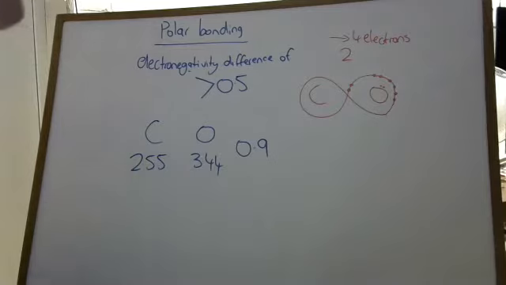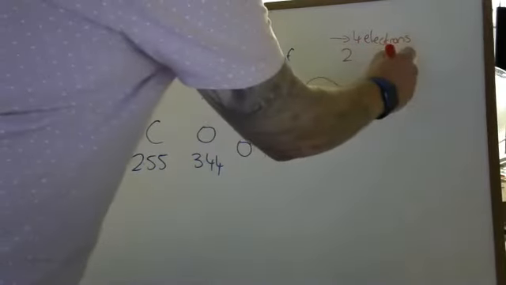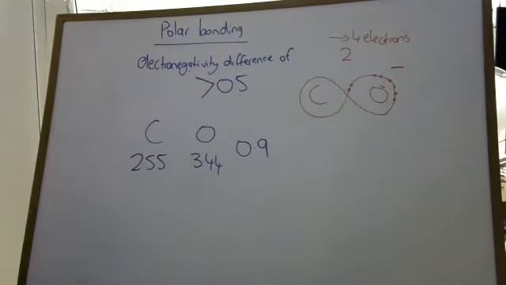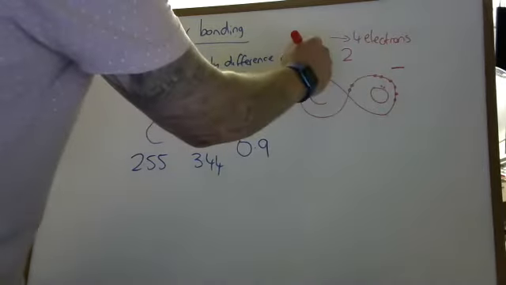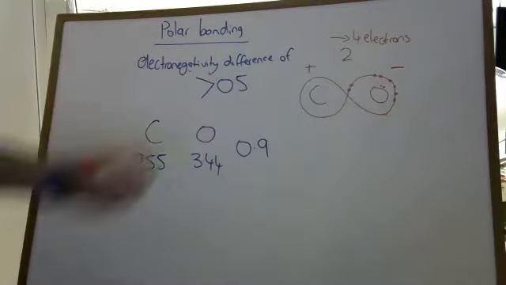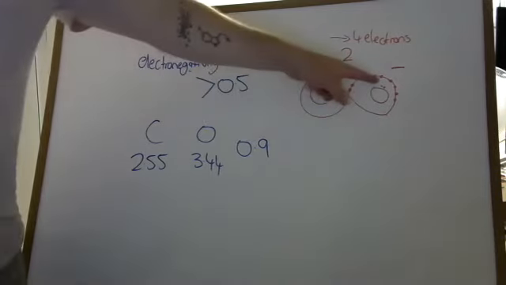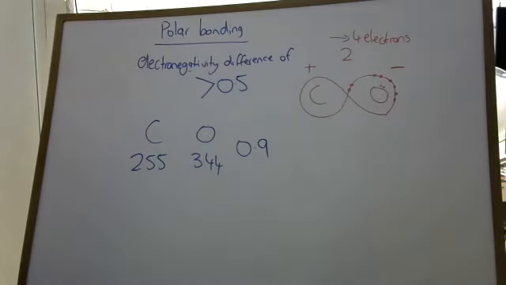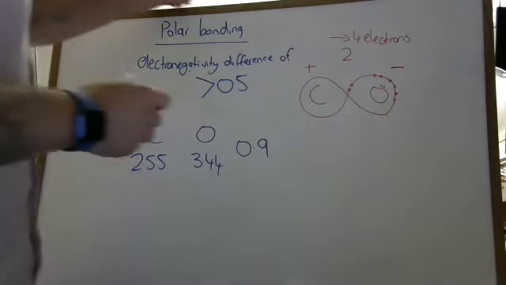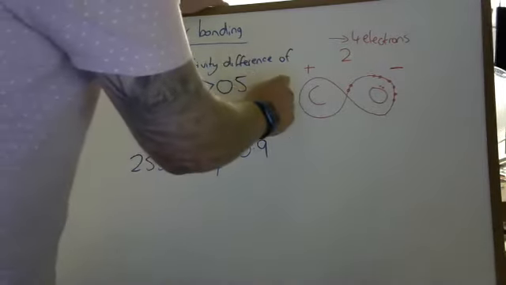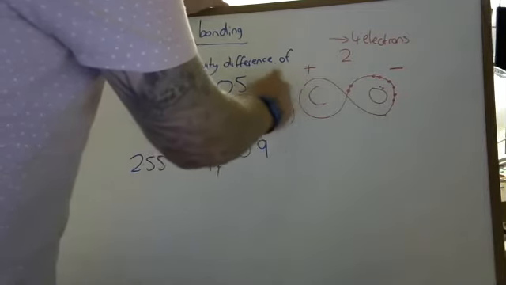If I've got all of the electrons stacked on the right-hand side of oxygen, oxygen is going to have a significant negative charge. Carbon is going to have a more positive charge because all the protons in its nucleus are no longer shielded by the electrons. So let's say another carbon-oxygen molecule comes along.